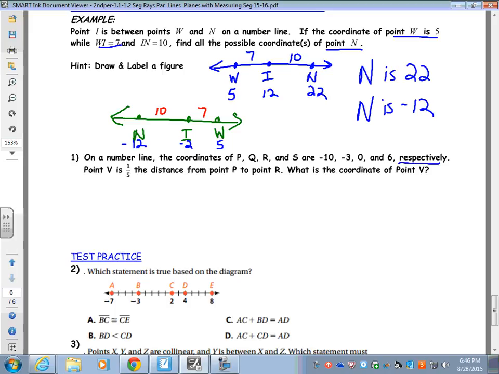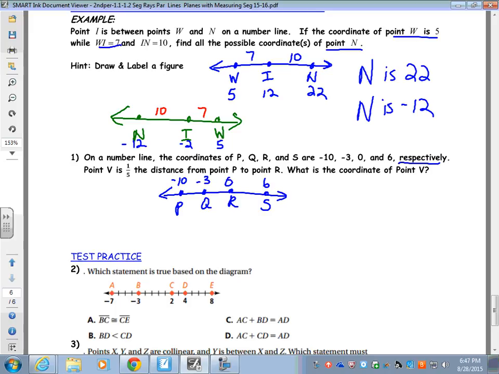Basically, that just means in the same order. So if you had a number line and you had them P, then Q, then R, then S, respectively in the same order, P would be negative 10, negative 3, 0, and 6.